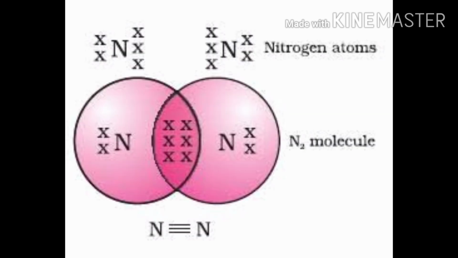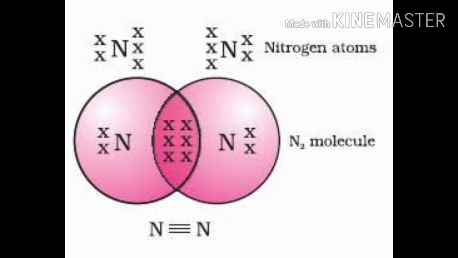Next is the case of the nitrogen molecule. The atomic number of nitrogen is 7, and it has 2 electrons in the K shell and 5 electrons in the L shell, and it requires 3 more electrons to complete its octet. This figure represents the formation of the nitrogen molecule, and there are 5 valence electrons around each nitrogen atom.